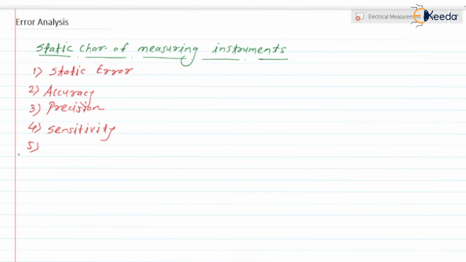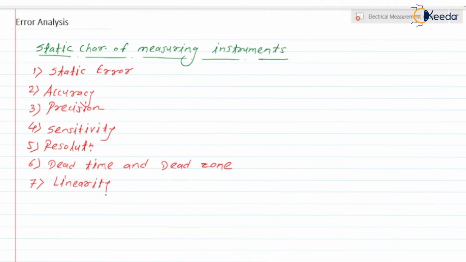Fifth one is resolution. Sixth is dead time and dead zone. Seventh is linearity.